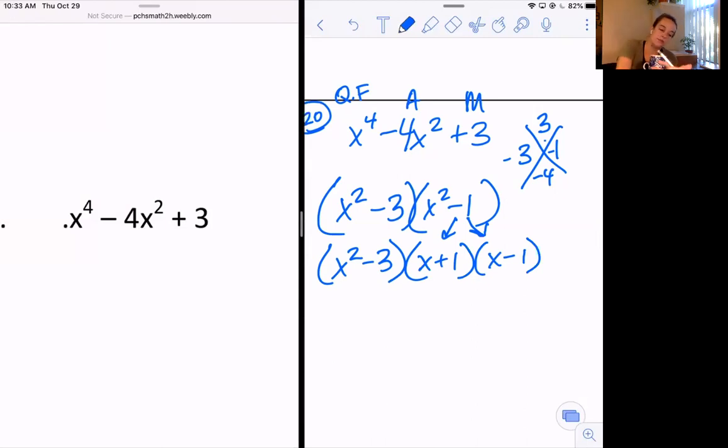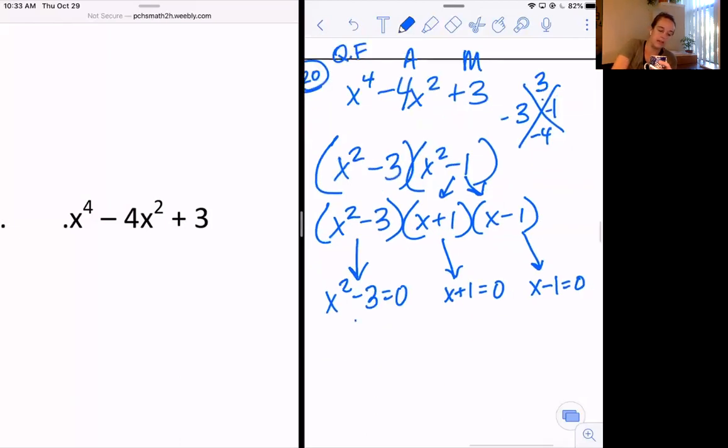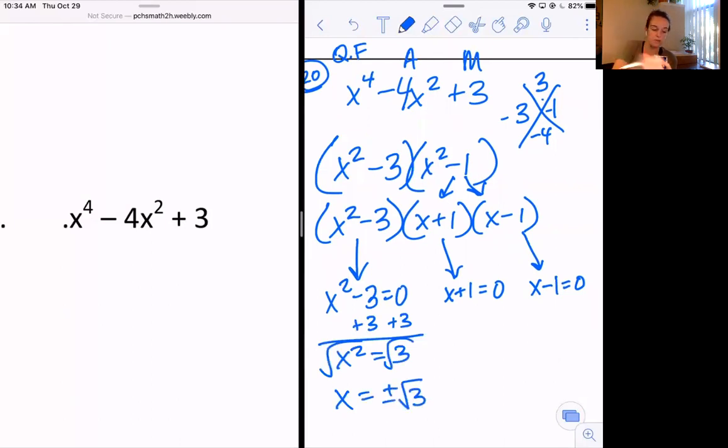All right. From there, I can do x squared - 3 equals 0, x plus 1 equals 0, and x minus 1 equals 0. So I'm setting all the factors equal to 0 to solve. I'm going to add 3 here: x squared equals 3, square root, x equals positive or negative square root of 3. So there are 2 solutions coming out of there.